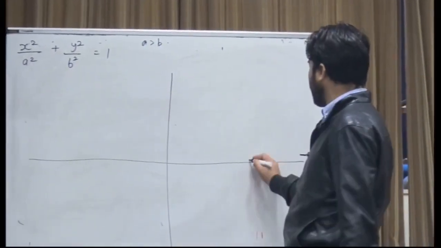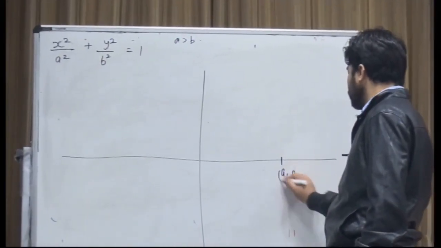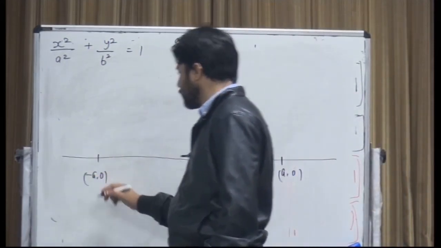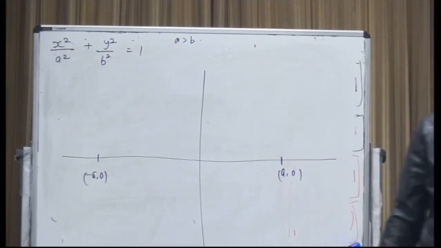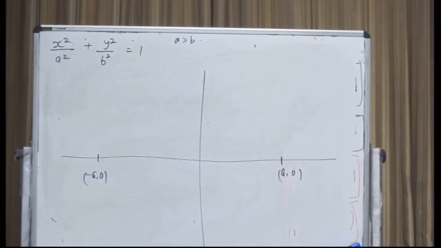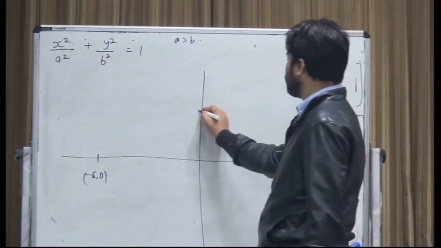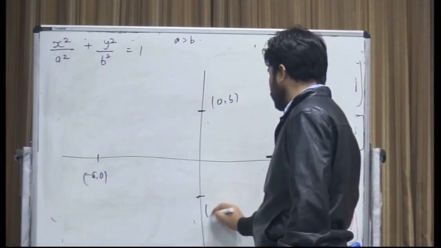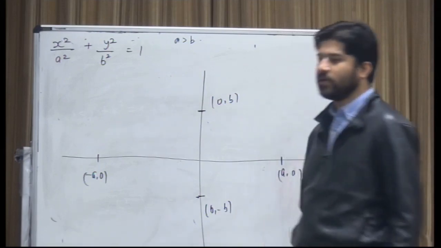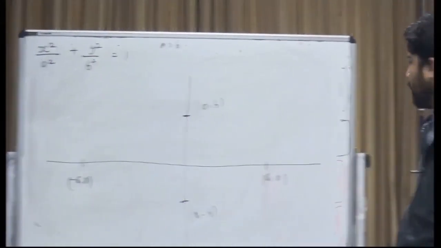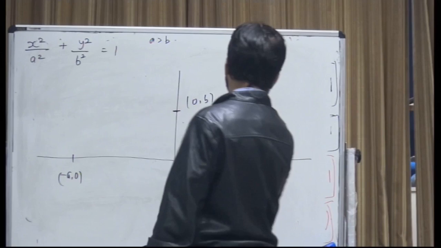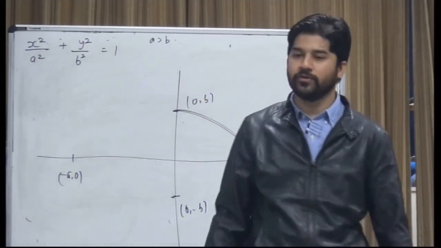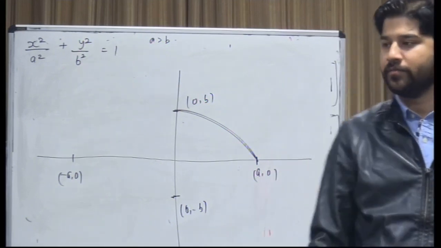Now, I know this is a comma and this is... simply by replacing y by 0 I'll get this, and replacing x by 0 I'll get this. Right. Okay, and you know this is going to be your ellipse.